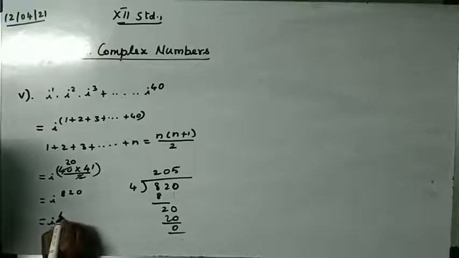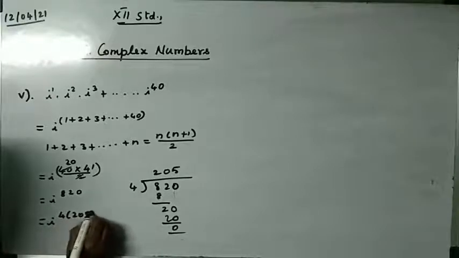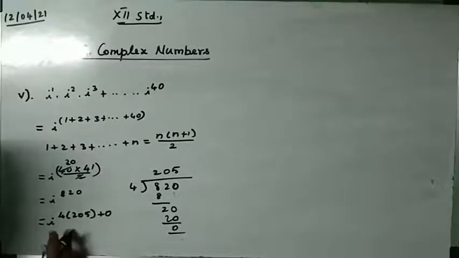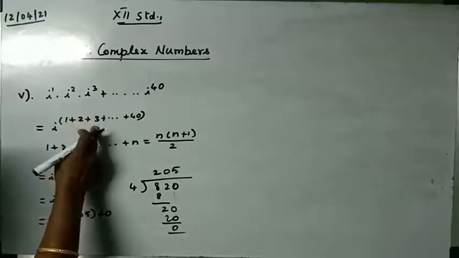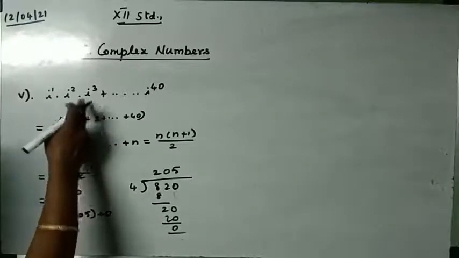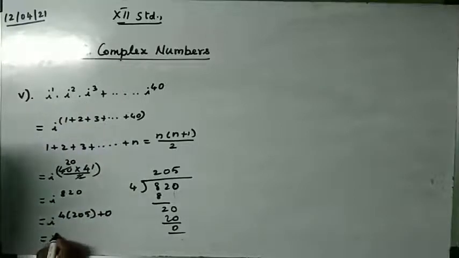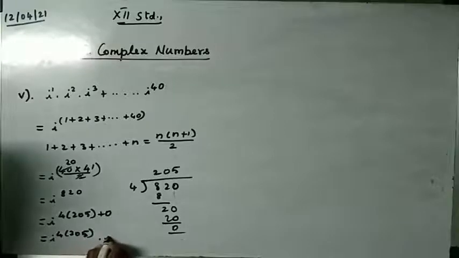So i power 4 into 205 plus 0. இப்போ இந்த plus 0ங்கிறத இப்போ நம்ம எப்படி பவர் மல்டிப்ளிகேஷன்ல இருக்கும்போது அடிஷன்ல எழுதணும், இப்போ அடிஷன்ல இருக்கும்போது மல்டிப்ளிகேஷன். ஸோ i power 4 into 205 into i power 0. இப்போ 4ஓட மல்டிபிள்ஸா இருக்கும்போது 4n ஃபார்முலா. இப்போ என்ன நம்பர் இருந்தாலும் இங்க 1 தான் வரும். ஸோ 1 into i power 0 is 1. 1 into 1 is 1 is the answer.